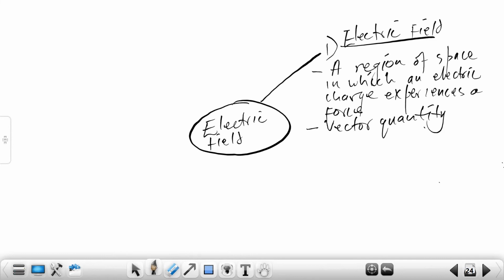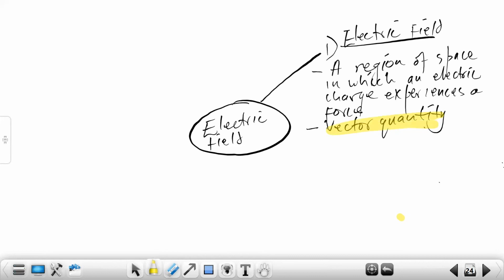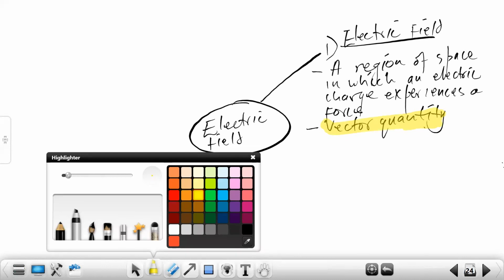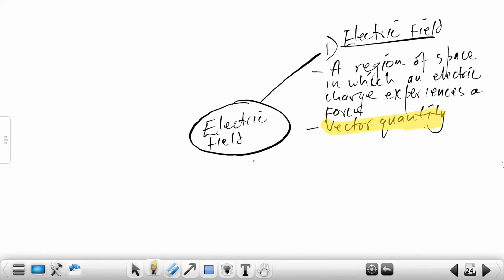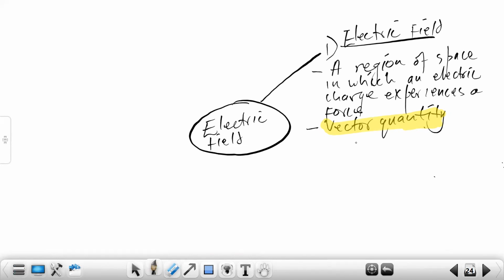If it's a vector quantity, it must always have direction and magnitude. So because of this, we can easily associate the force with the electric field. So basically, the electric field will take now the direction of the force. I am going to explain that in a simple formula, and the simple formula is E is equal to F over Q.